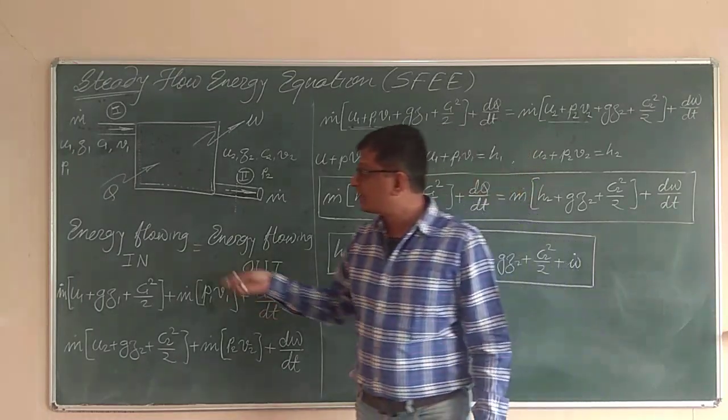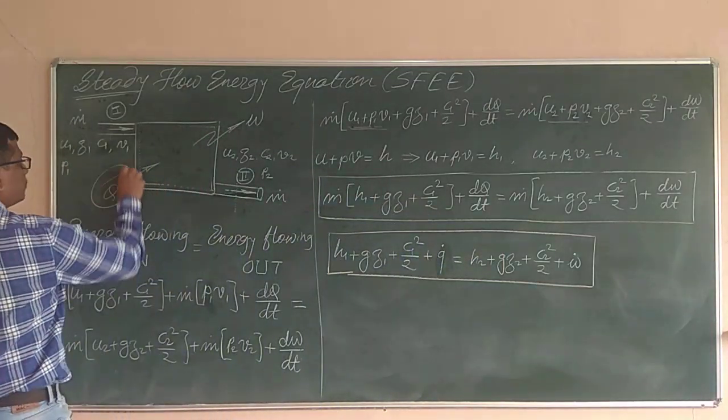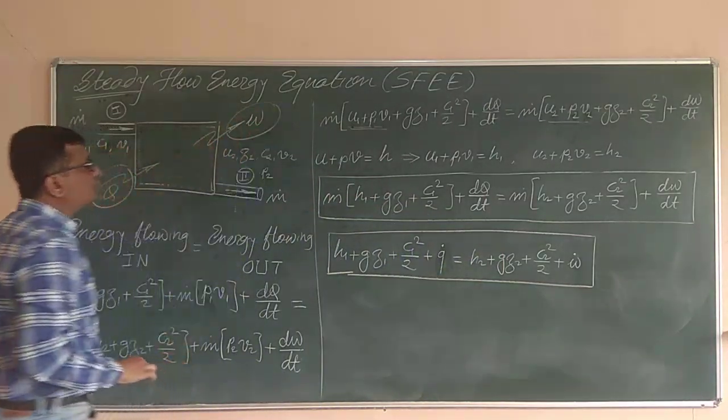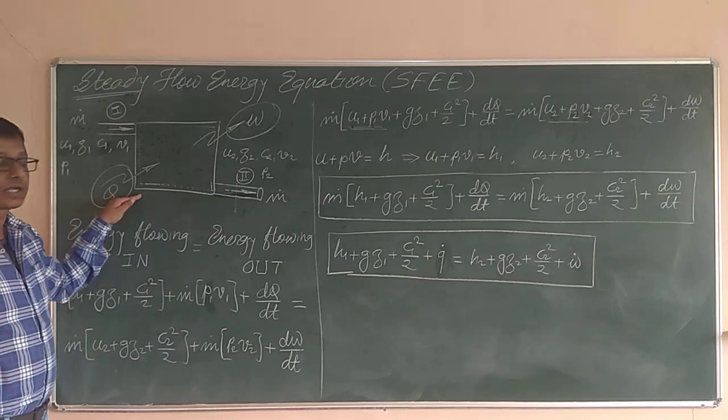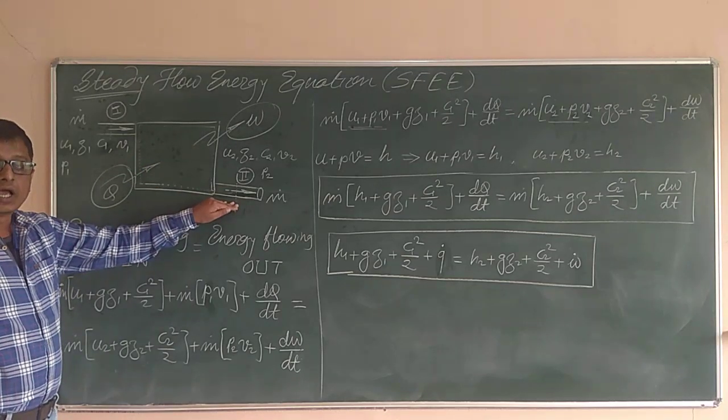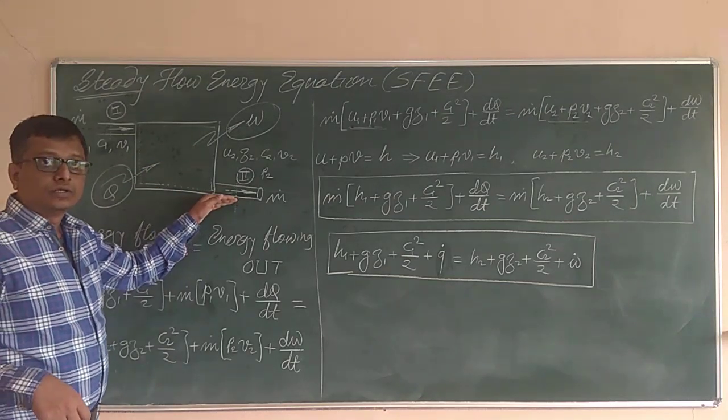I mean, apart from the energies Q and W, there will be other energies also which are coming in and going out of the system, and we need to consider those too.